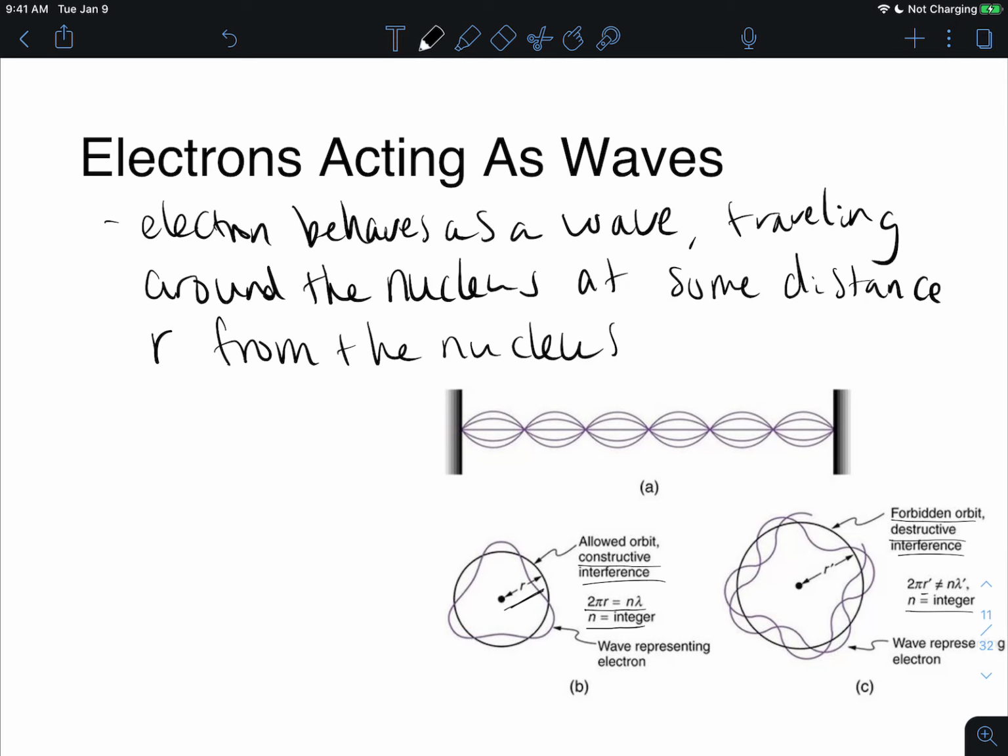But instead, it's acting as a wave. It is going around in its given orbit, and that allows for constructive interference, and it allows it to stay a specific distance away from the nucleus and doesn't spiral into the nucleus. So we finally described why the electron doesn't spiral into the nucleus.